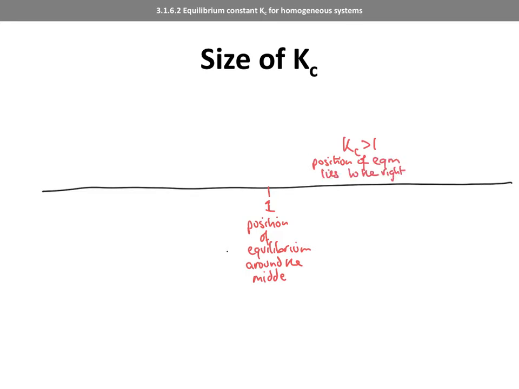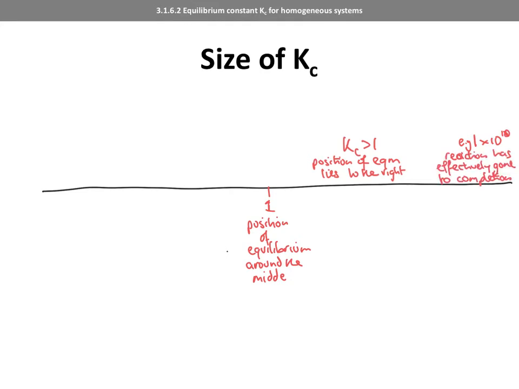And if Kc is an incredibly large number, e.g. 1 times 10 to the 10, a very large number, that's telling us that the numerator is significantly larger than the denominator, so the concentration of products is significantly larger than the concentration of reactants, and so in effect we could say that the reaction has essentially gone to completion.